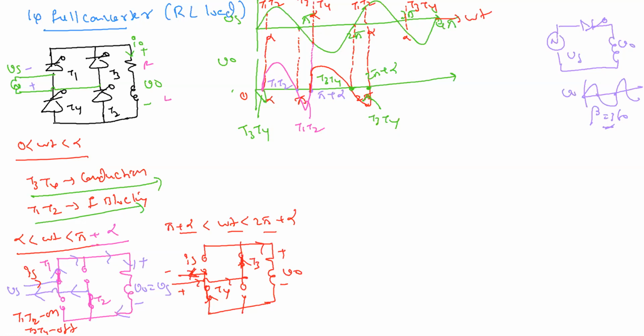And at pi plus alpha, T3 T4 are triggered.